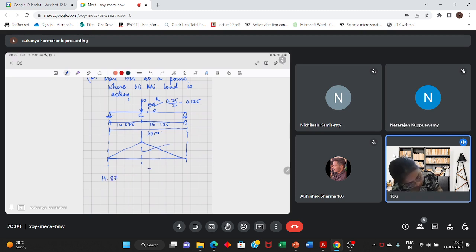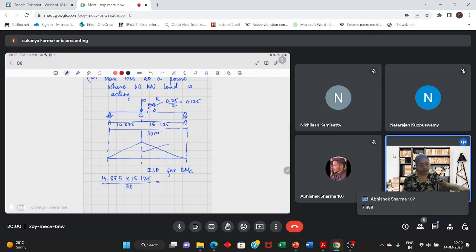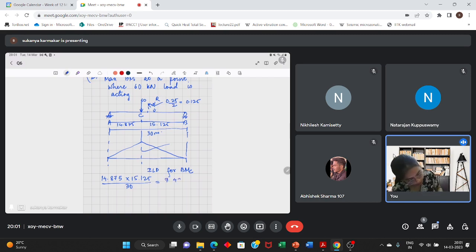This is ILD for bending moment at C. 14.875 into 15.125 divided by 30, which is 7.499.